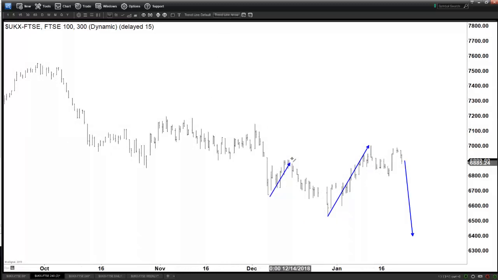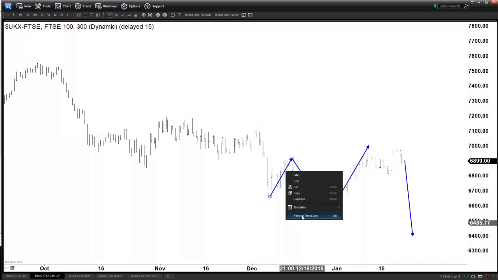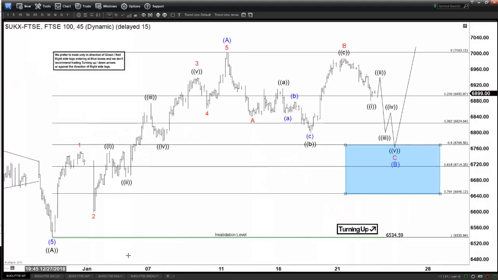So you got an expanded flat A, B, C, and then turn lower, right? So that will be the alternate if it fails to hold above 6534.